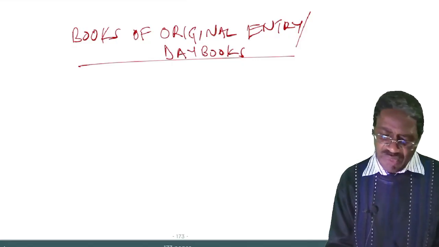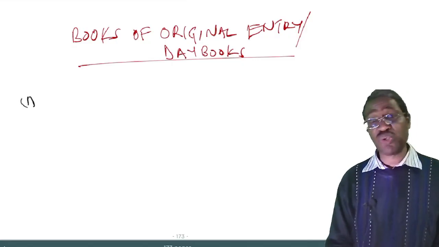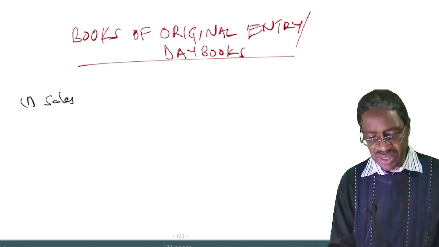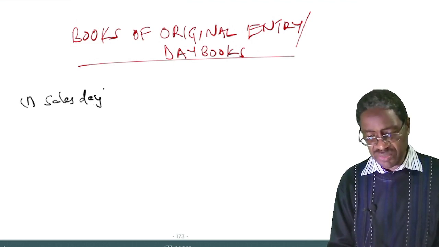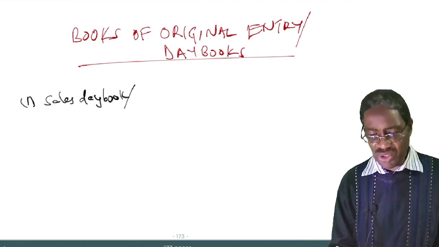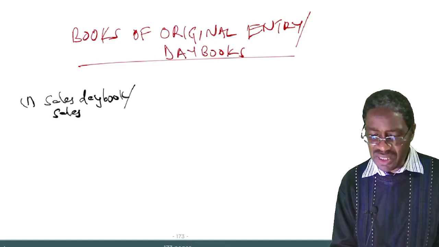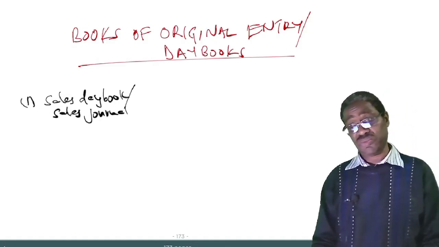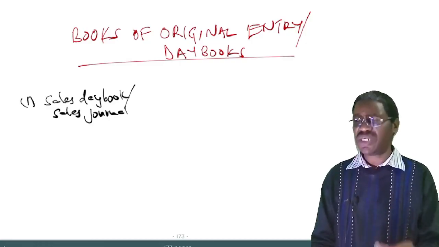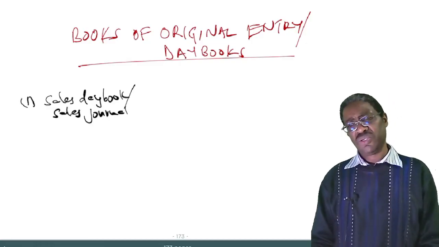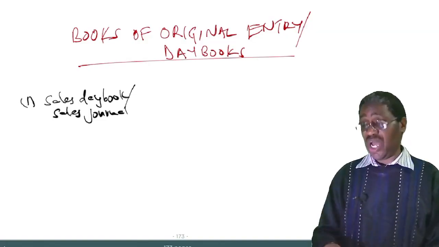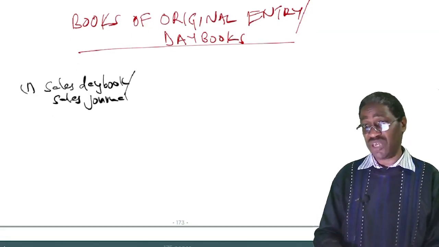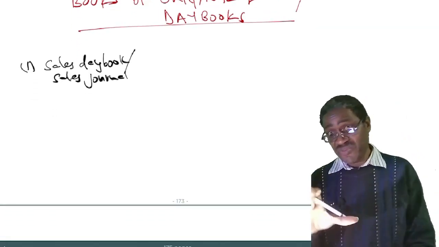One of the daybooks is what we call the sales daybook. We also call it the sales journal. Maybe before I give the purpose of each, let me give the names of the journals first.